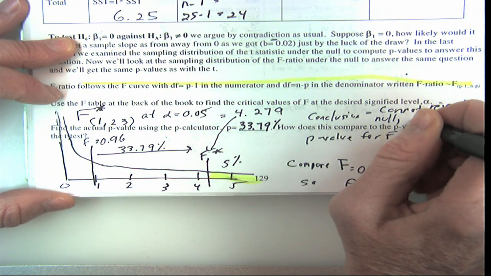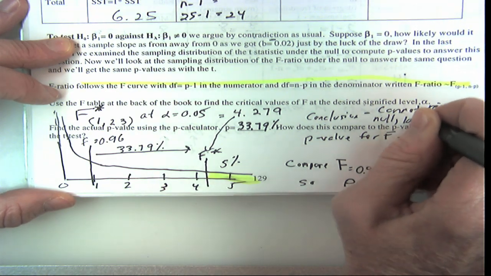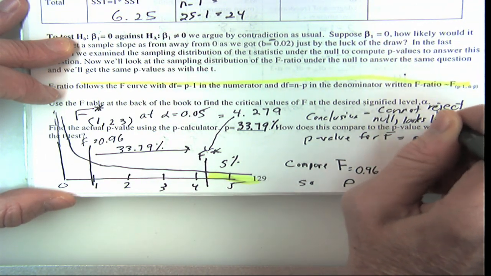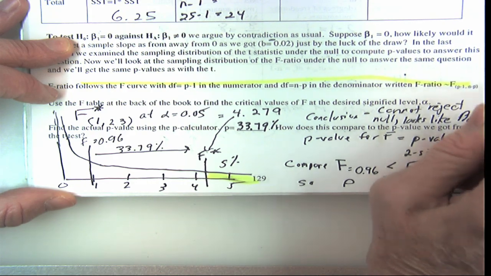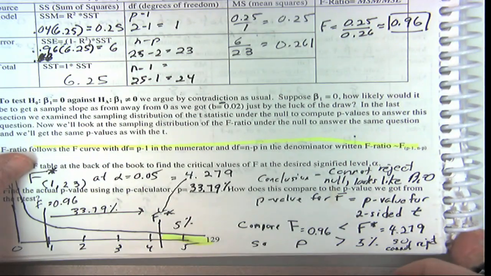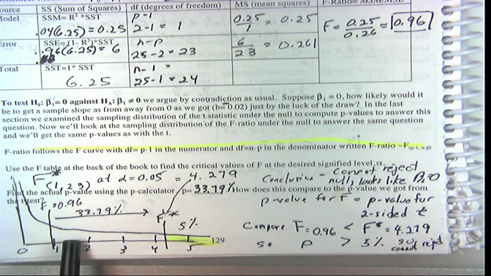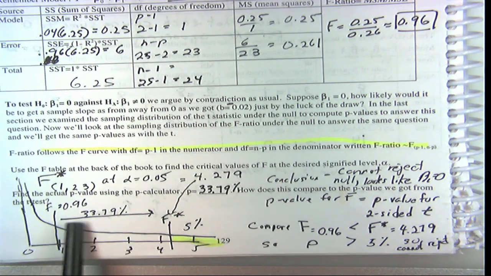In other words, it looks like beta 1 is equal to 0. It looks like R is equal to 0. It looks like there's no correlation between drinking and GPA from this data. Maybe if we got a bigger sample, we could prove it. But right now, it looks like it could just be due to chance. Does that make sense? Because the null says there's nothing going on, and we'd expect to get about here when there's nothing going on.